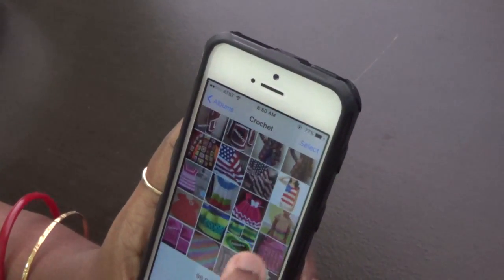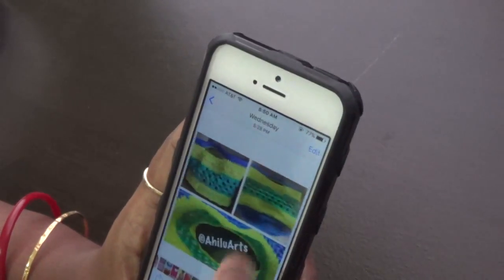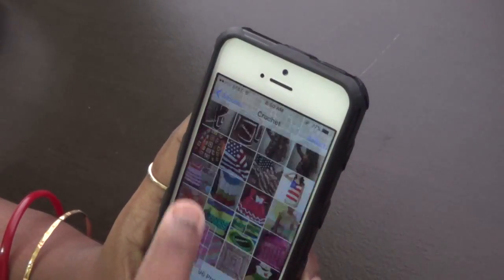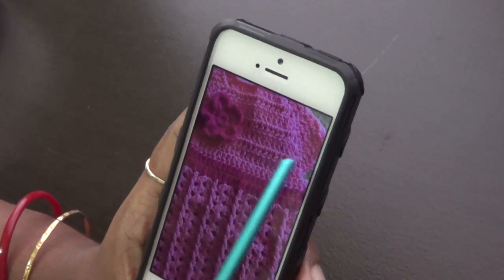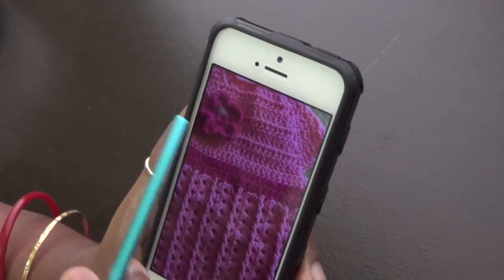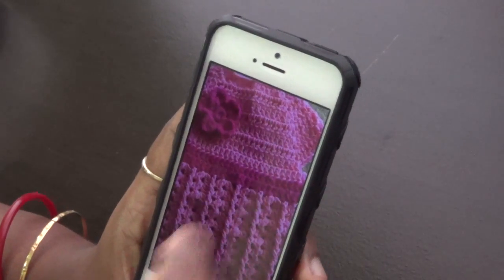Here also I have used the corner pattern, but what I have used is double crochet, and hence even though I can see the corner, it's not abruptly visible.